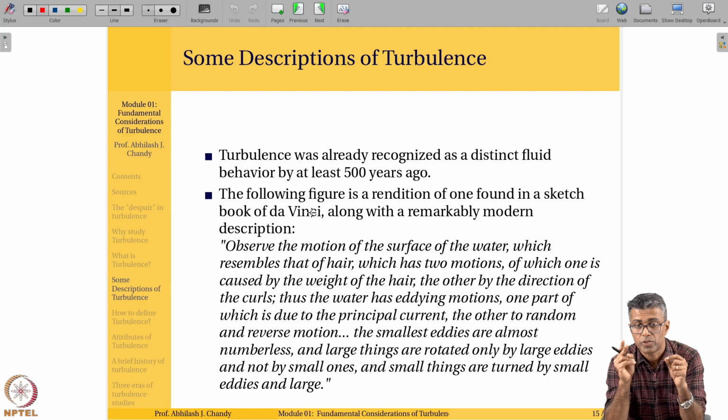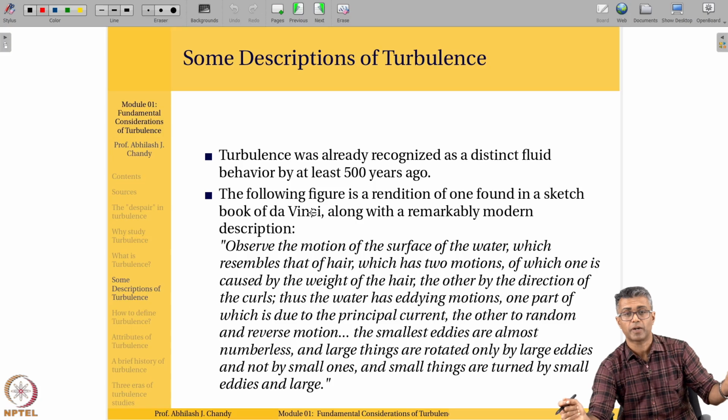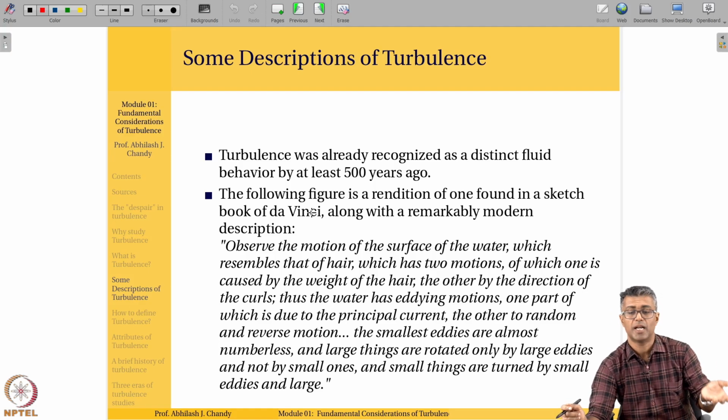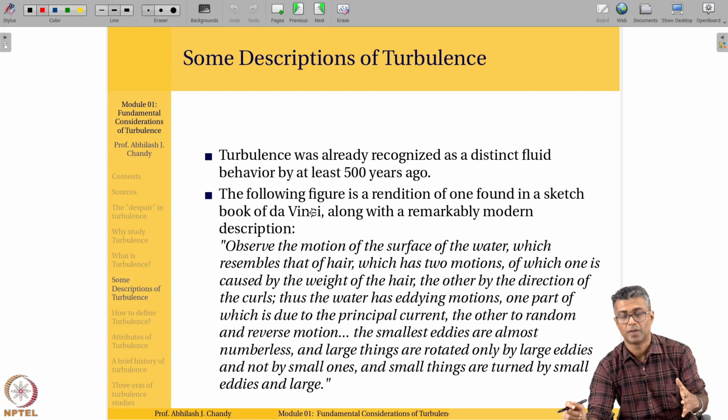The two motions. Thus the water has eddying motions, one part of which is due to the principal current and the other due to random and reverse motion. The smallest eddies are almost numberless, and the large things are rotated only by large eddies and not by the small ones. And small things are turned by small eddies and large.